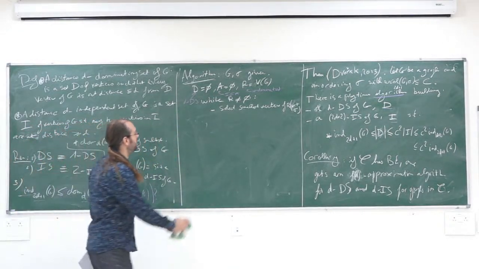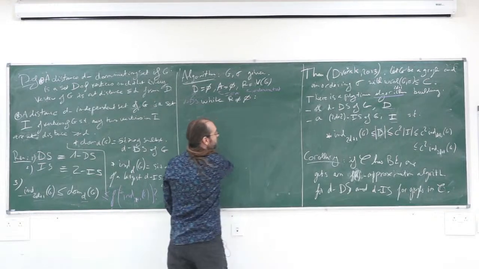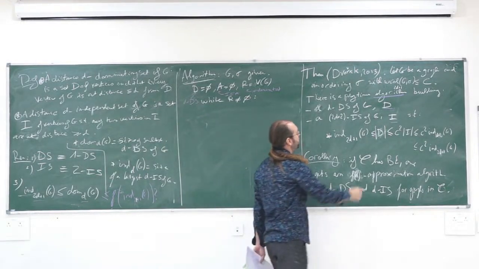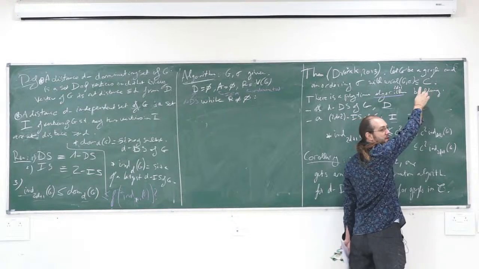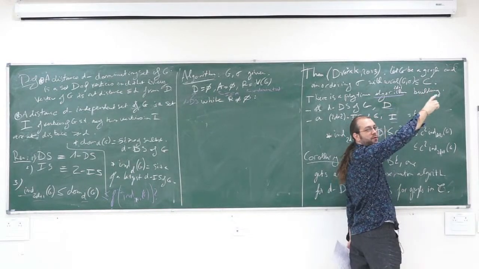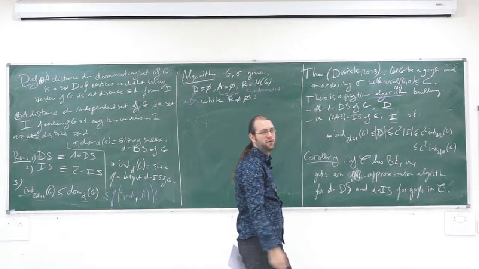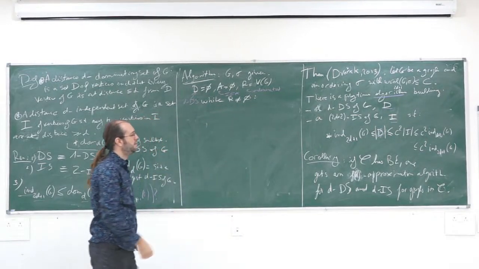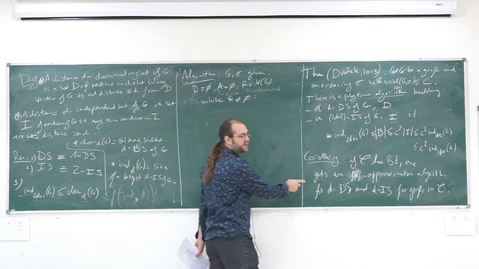Sigma is any ordering, but the approximation factor will come from the weak coloring number of this ordering. So of course I want a good ordering, which I can get, remember, for graphs of bounded expansion.